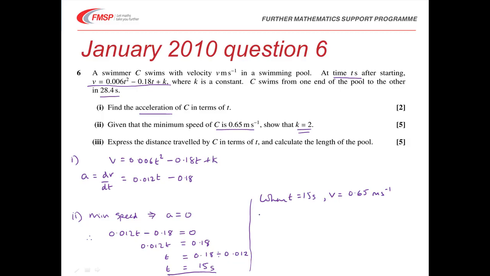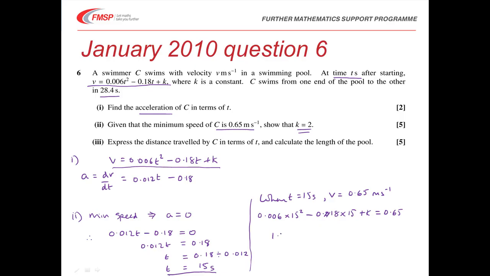Let's substitute that into the expression I know for the velocity, as that contains k. So 0.006 times 15 squared minus 0.18 times 15 plus k must be equal to 0.65.